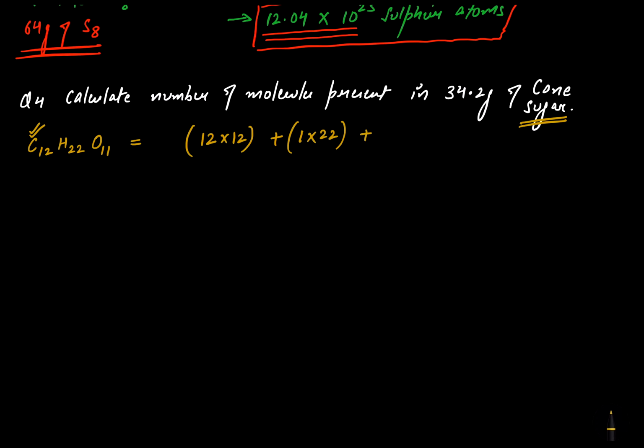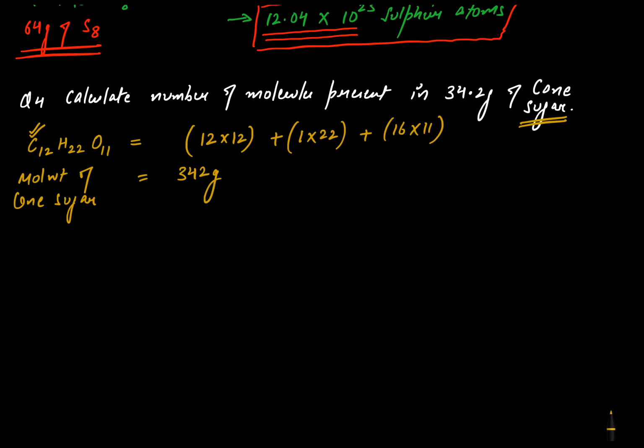We are having atomic weight of oxygen to be 16. We are having 11 oxygens, so into 11. So it comes out to be 342 grams. I got 342 gram. That's the molecular weight or molecular mass of cane sugar.